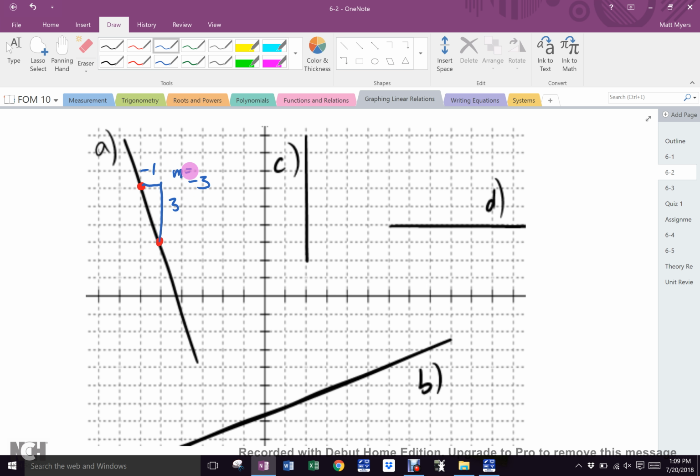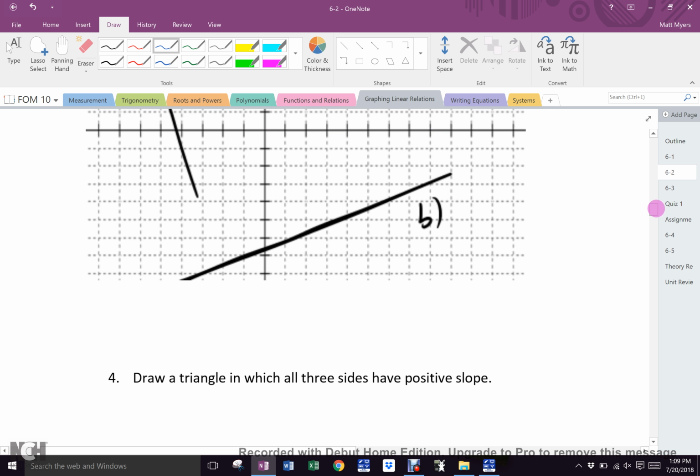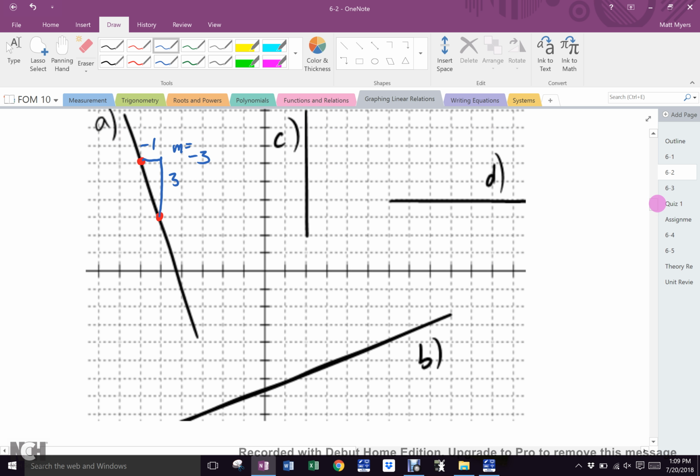What's the slope of B? B is down here. Can I go end to end? No, I have to choose a point. Should I choose points very close together or further apart? Which do you think gets me a more accurate answer? Further apart. Tell me when I should stop.